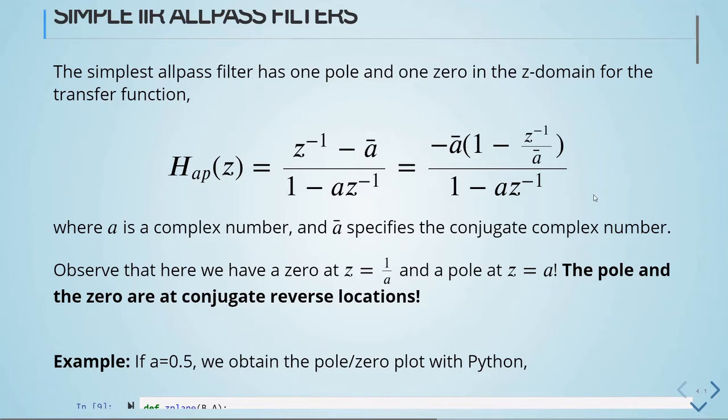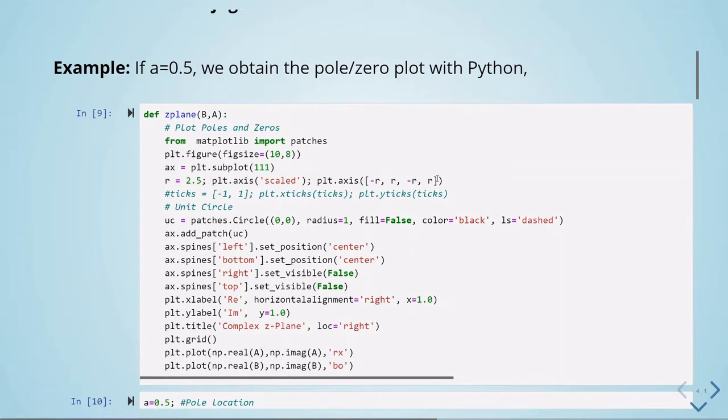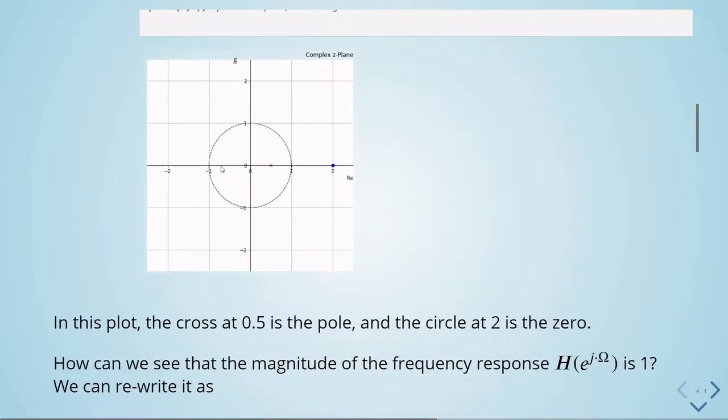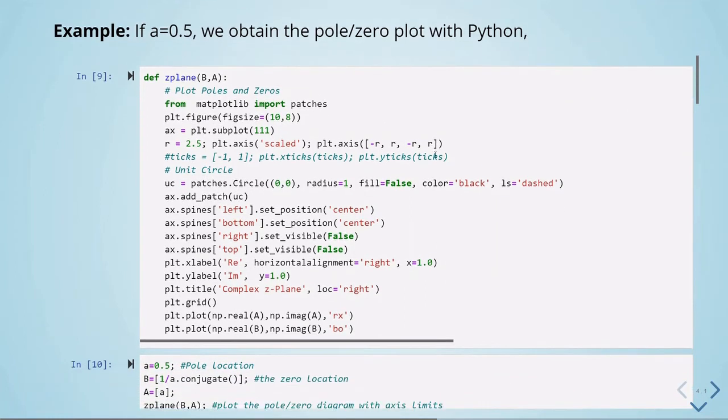So it's easier to visualize this if we have an example, and we can use Python. So here we will set A equals to 0.5, and we want to obtain a pole zero plot. So here we are defining a function to plot poles and zeros. So it will display a nice plot like this. And here we will have our a and our b, the arguments of this function.